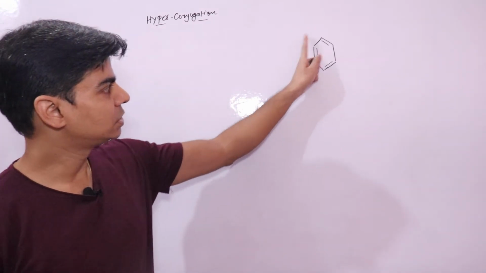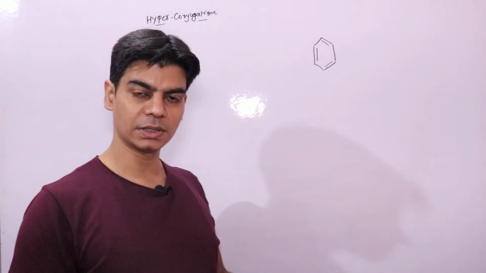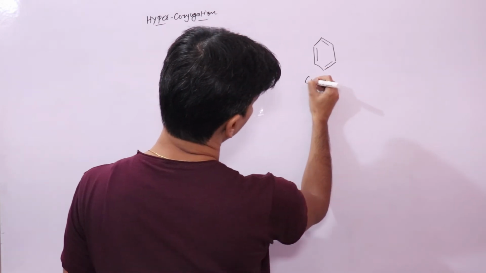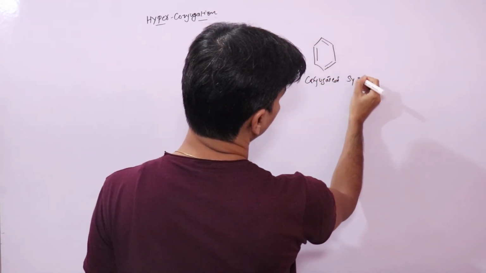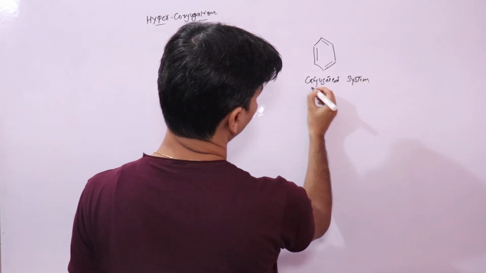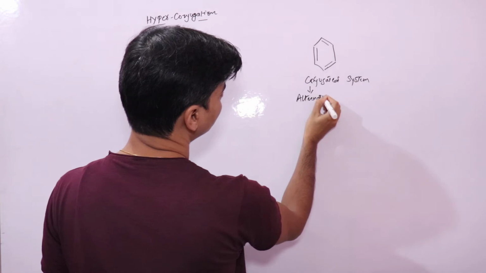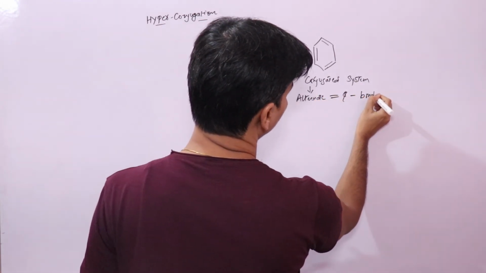So this is your conjugated system, where you have an alternate system of double and single bonds.